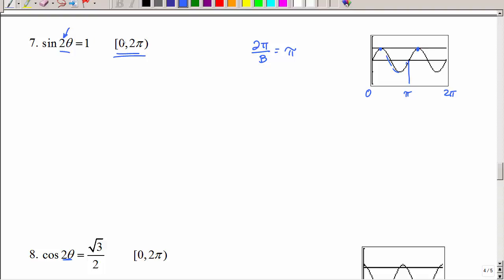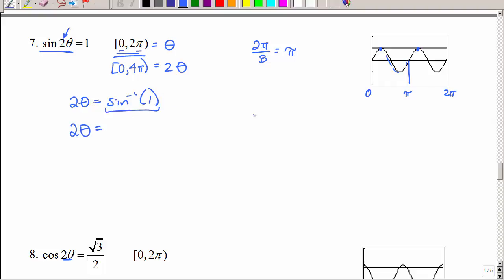First of all, this, remember, is an interval for theta. So I need the interval for 2 theta. So you just want to multiply those by 2. Just stay with me. Right here, I'm going to take the inverse sine of both sides. I have to do this first.